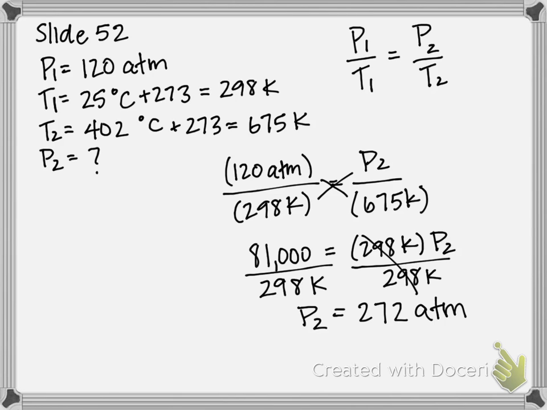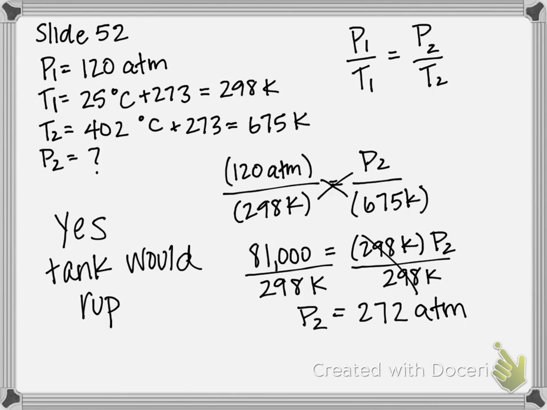So then, second part of the question, the oxygen tank may rupture if the pressure inside exceeds 180 atmospheres. Would you expect this temperature to rupture our tank? Well, since our pressure is higher than 180 atmospheres, then I think it's safe to say yes, our tank would rupture.